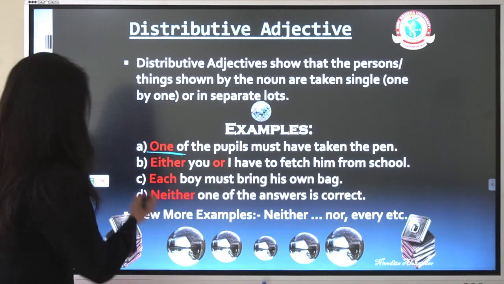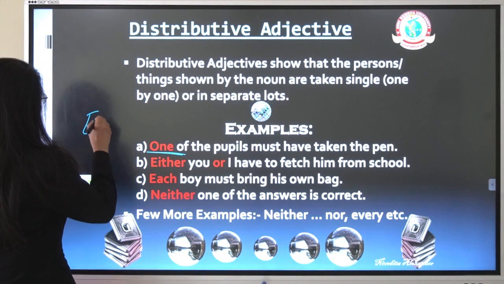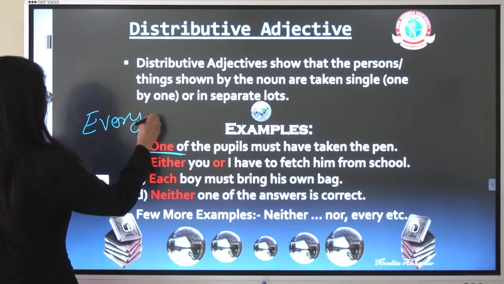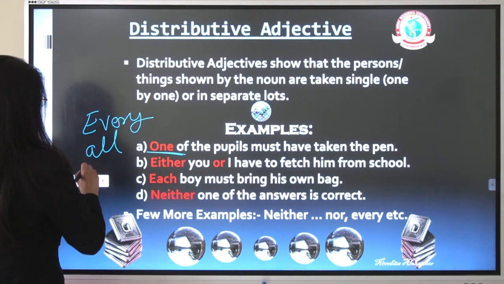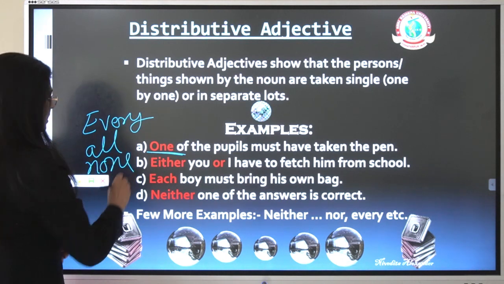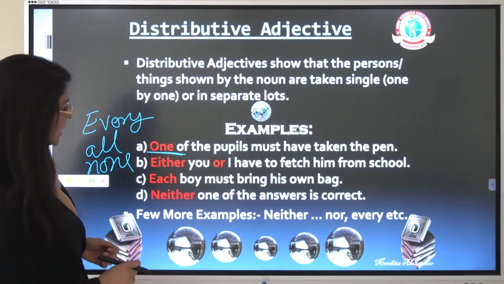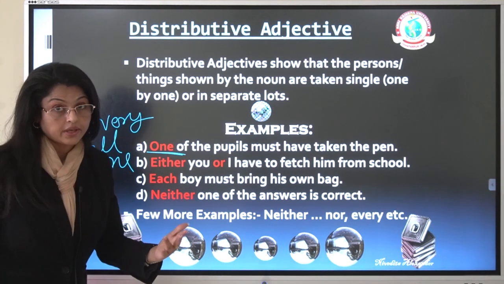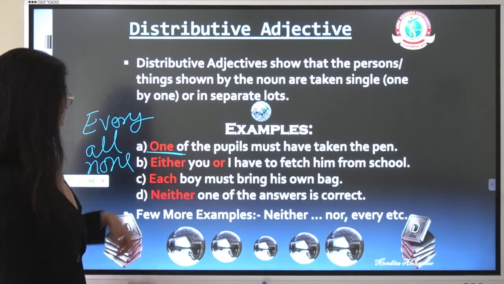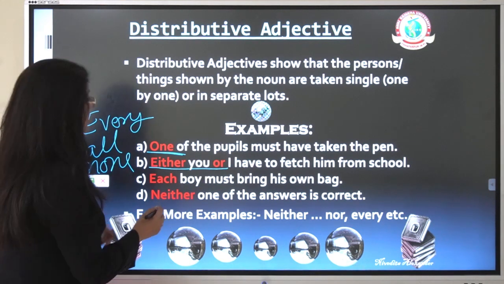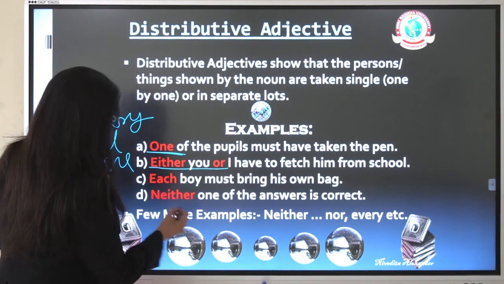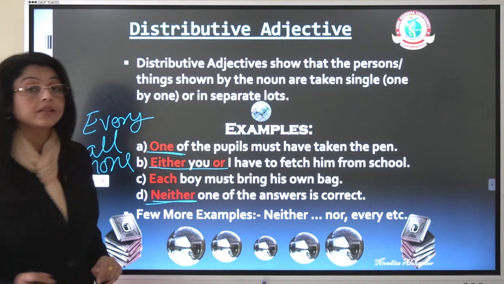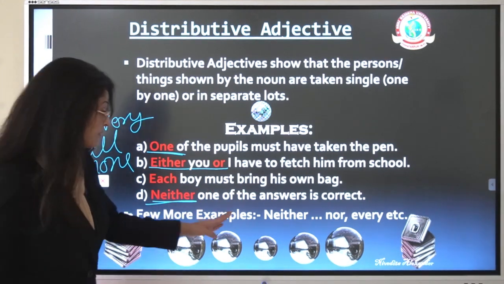These kinds of words, some more: every, all, none, neither nor. So these kinds of words are distributing. These are the positive distributive adjectives, and these are the negative distributive adjectives, because they are showing the negation.